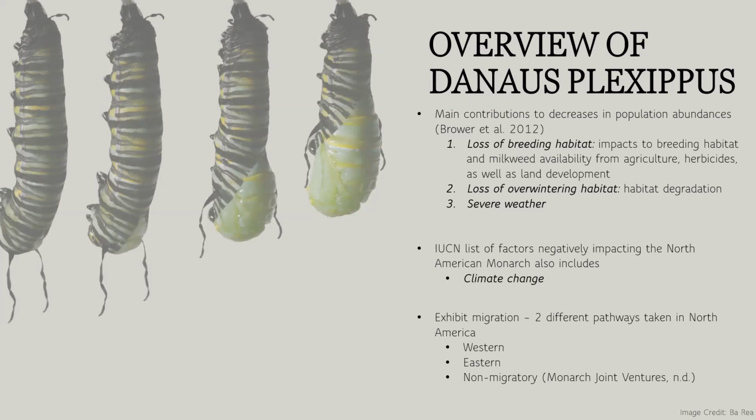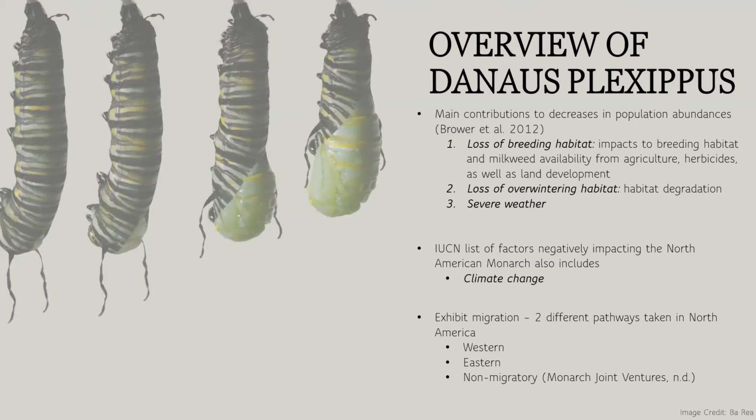I'm from California, so we're constantly plagued by drought, so no water, no milkweed. In addition, the increased frequency of wildfires also just completely annihilates their habitat, both for breeding and nectar sources. So the monarch exhibits two separate migrations, which are divided by the Rocky Mountains. There's the western and the eastern.